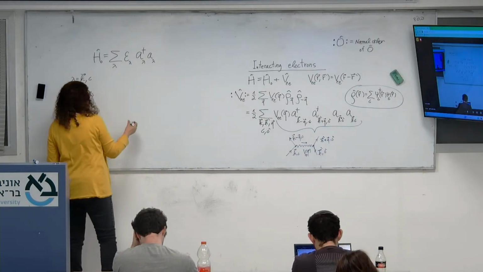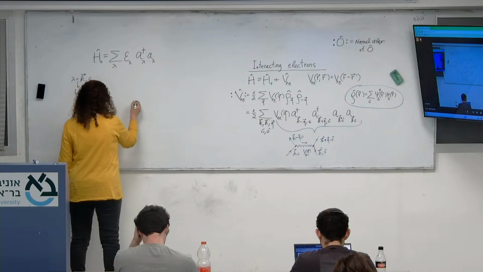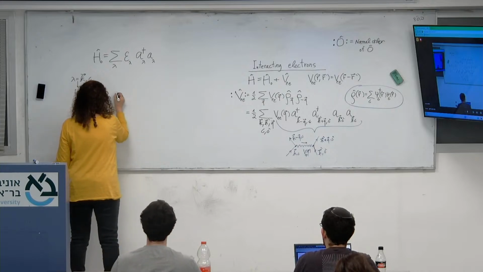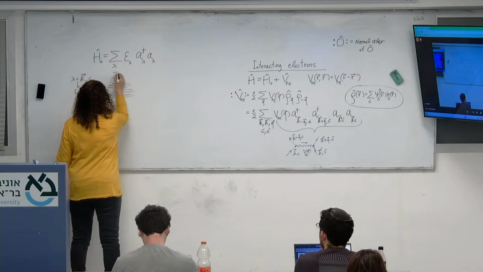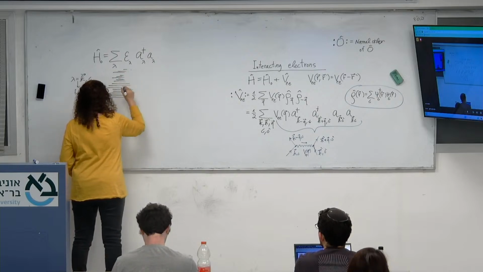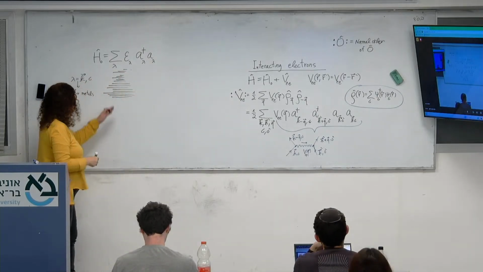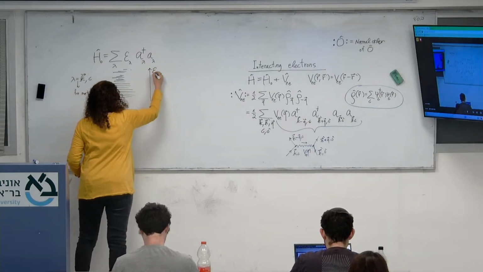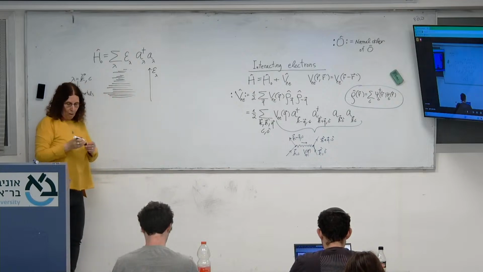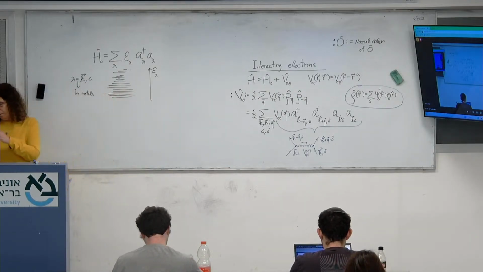And the epsilon lambdas give you some spectrum. So let me plot it again. It may not be equally spaced, it may be complicated, but there is some spectrum of energy levels. Okay, so this is epsilon of lambda.